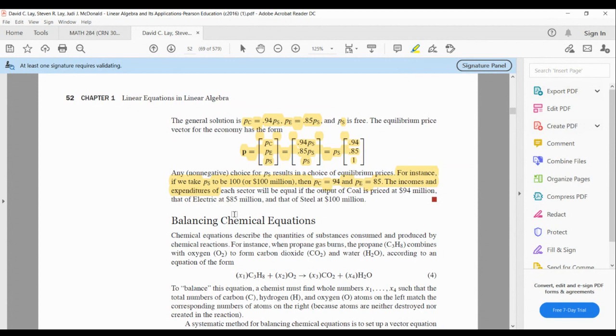And that's an example of a homogeneous system in economics.